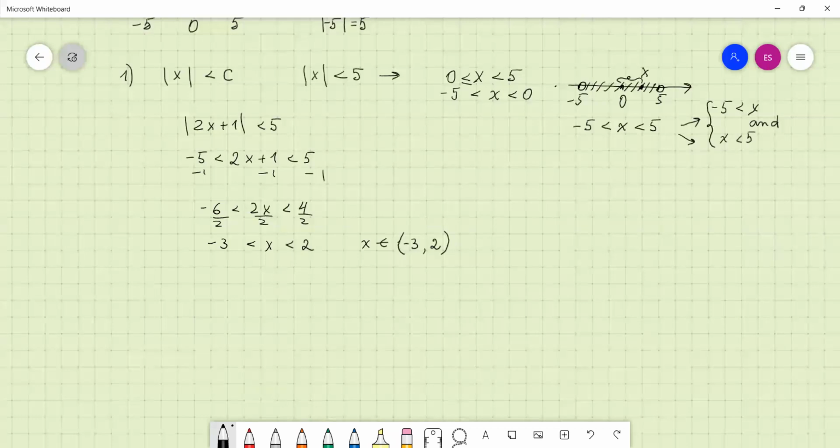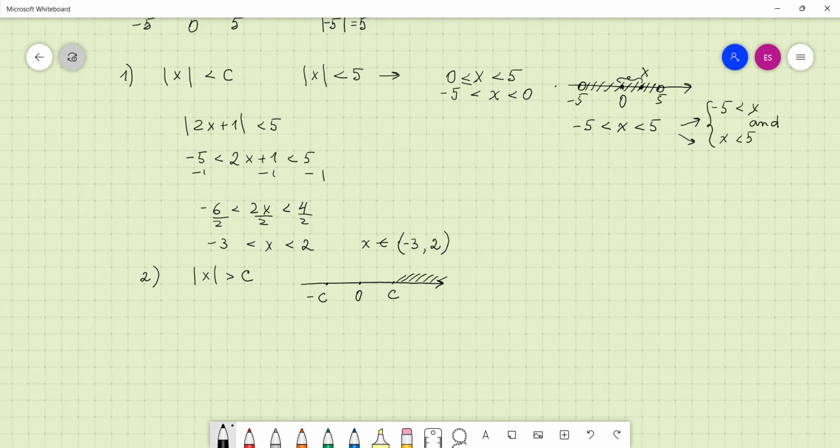Now, the second type of inequality is going to look in the opposite direction. What if you have the absolute value of x greater than c? Which means that if you do a number line, and you have 0 over here, and somewhere here c, some numbers, and -c, the absolute value of x must be greater than c. Well, when x is positive, it's supposed to sit over here, right?